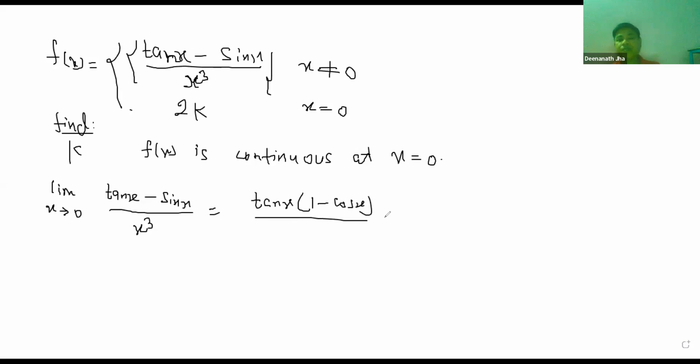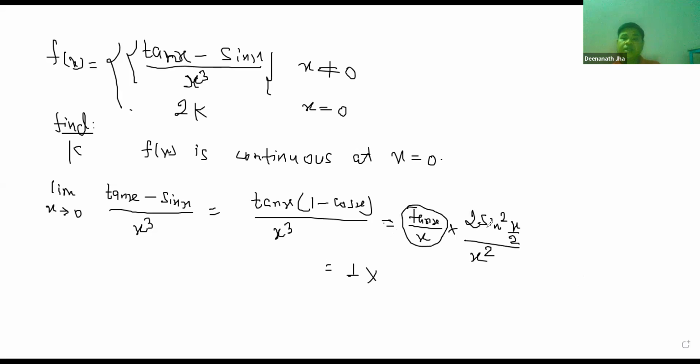Yes or no? Is it correct? Yes. So 10x by x into 1 minus cos x, you can write 2 sin square x by 2 by x square. 10x by x, as x tends to 0, will be 1.